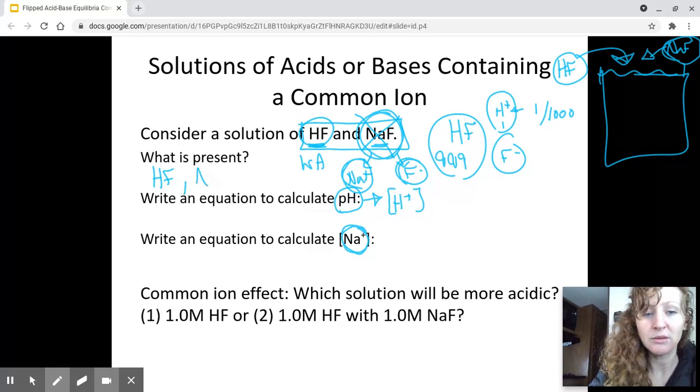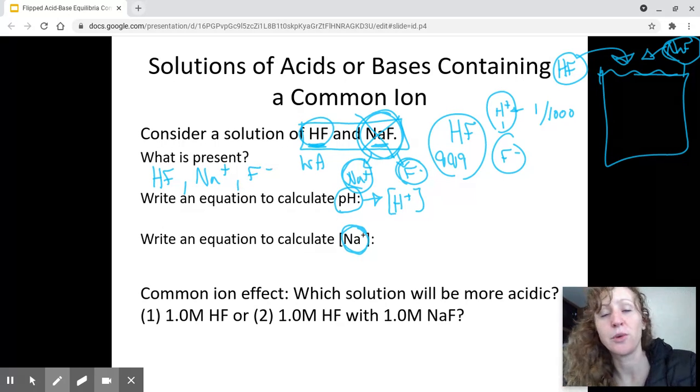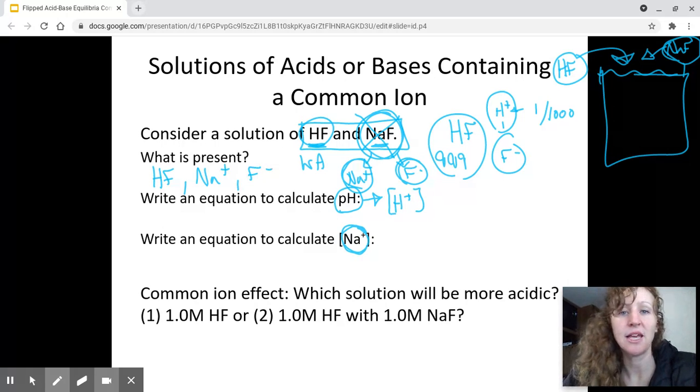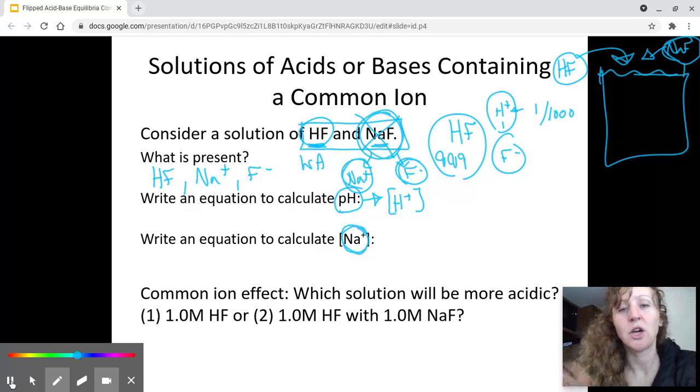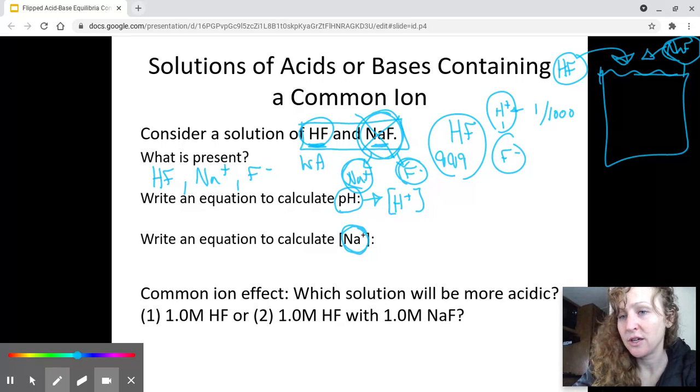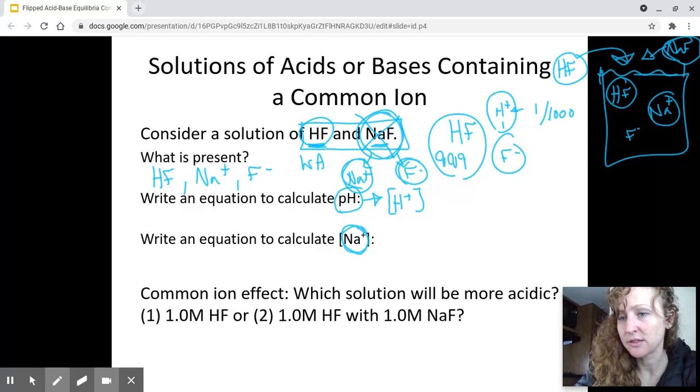So really, the majority species that are present are going to be these three: HF, Na plus, and F minus. Okay, so now that we kind of understand what's going on in our solution, here I'll write them over here. The majority of what we have are these three things.